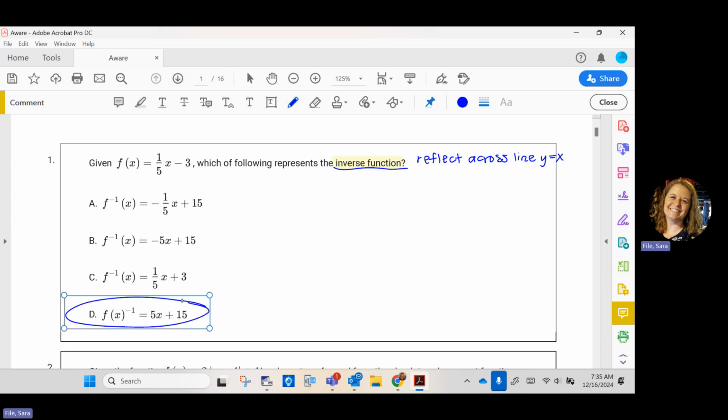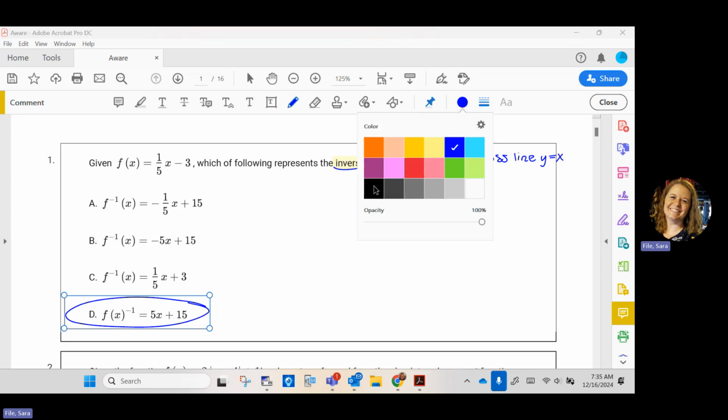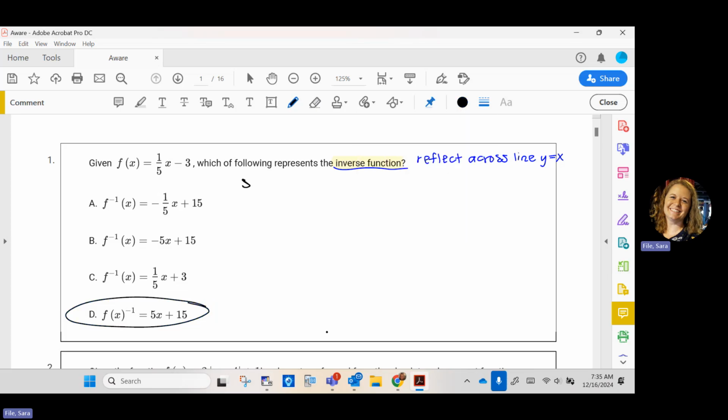Now, algebraically, in case you prefer to do this algebraically, you are switching x and y. So first of all, you have to replace f of x with y. So this would be y equals 1/5 x minus 3, and then I would switch them. So I would say x equals 1/5 y minus 3, and then solve for y.